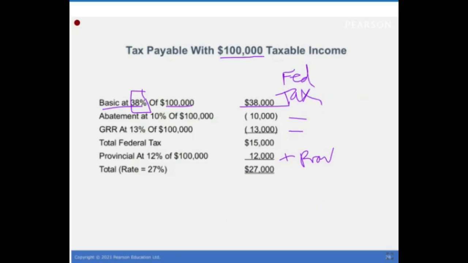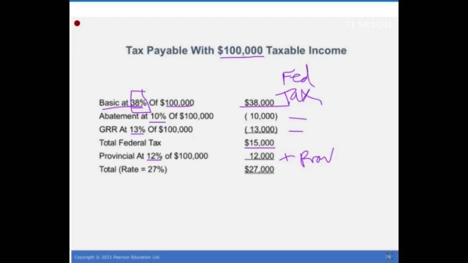This is the simple example using what we talked about, 38 minus the 10. If we don't qualify for small business, we get the general rate. Everybody gets it. All it has to be is income that was taxed at the full rate. It's going to get reduced 13%. There's your federal tax.